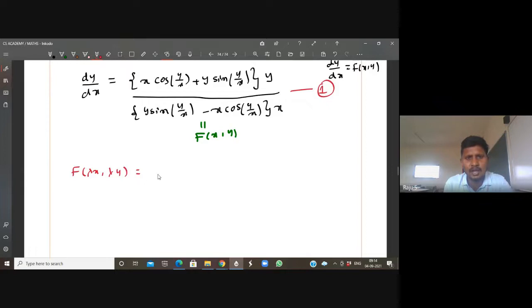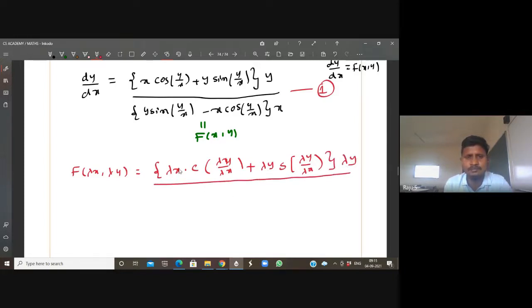So replace x by λx and y by λy: λx cos(λy/λx) + λy sin(λy/λx) into λy, all divided by λy sin(λy/λx) − λx cos(λy/λx) into λx.